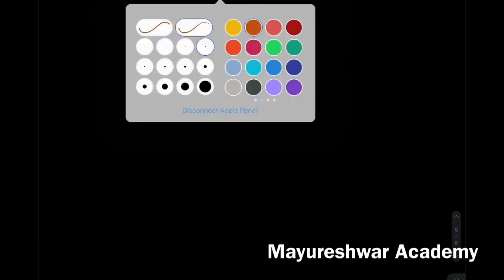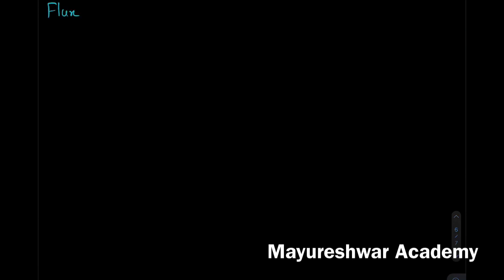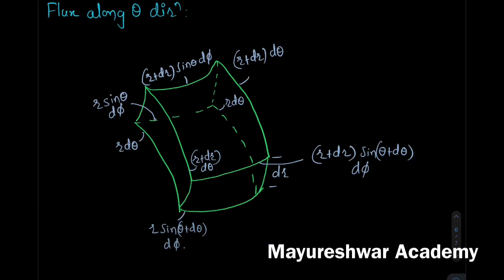Now let us directly go for flux along the theta direction. Let us use that element again, where along theta, this face is coming in and this face is going out. Remember, theta is measured from the top.